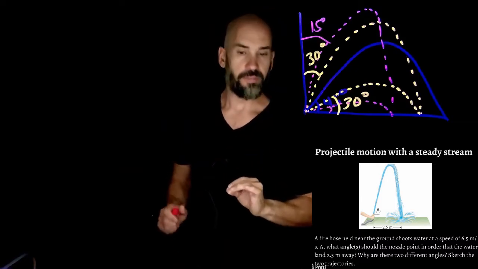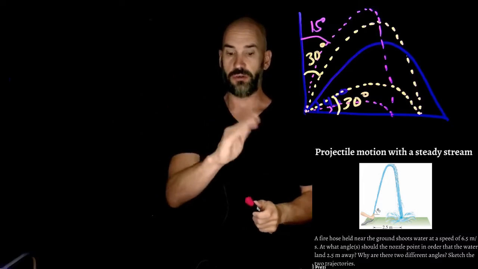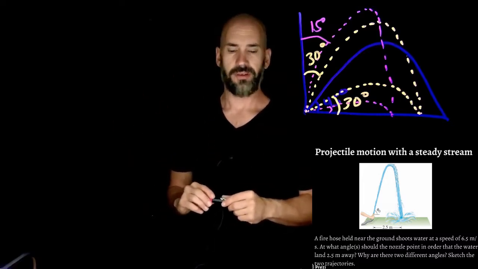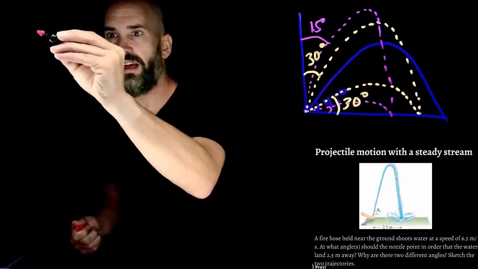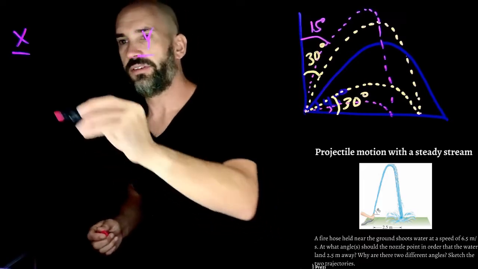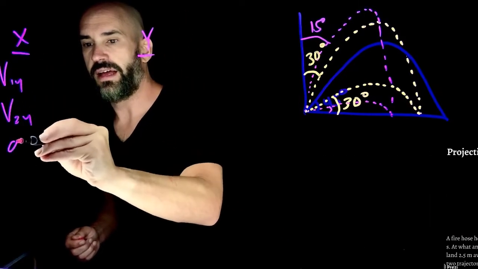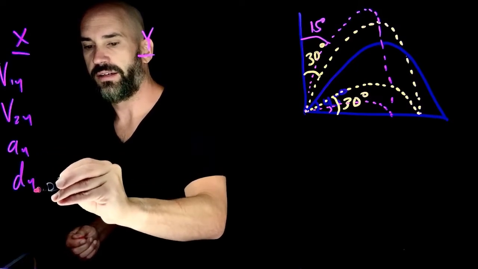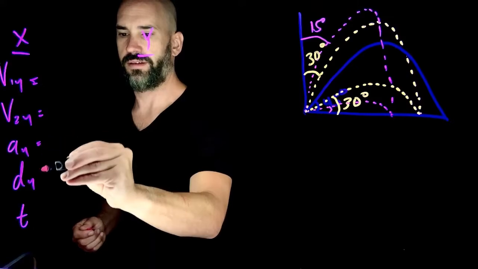Okay, but now to actually find out what those angles should be, let's do a laundry list. And how many? Two. All right, so first we're going to start out with our x laundry list, and then we're going to start out with our y laundry list. So we have v1y, v2y, ay, dy, and t. That's everything, I think.